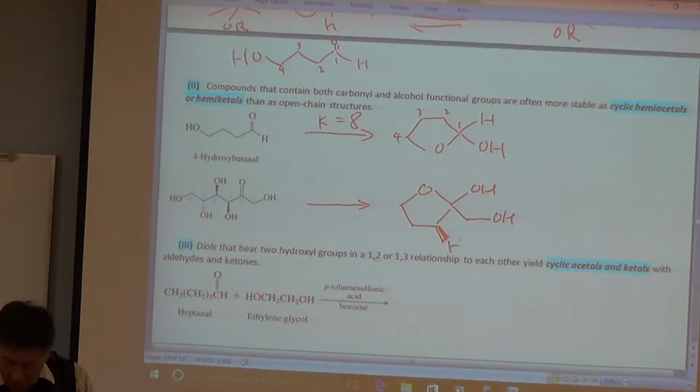You have a little bit of stereochemistry here: this OH on the top, this OH at the bottom, and this part is also on the top. Now let's number the carbons 1, 2, 3, 4, 5, and 6.